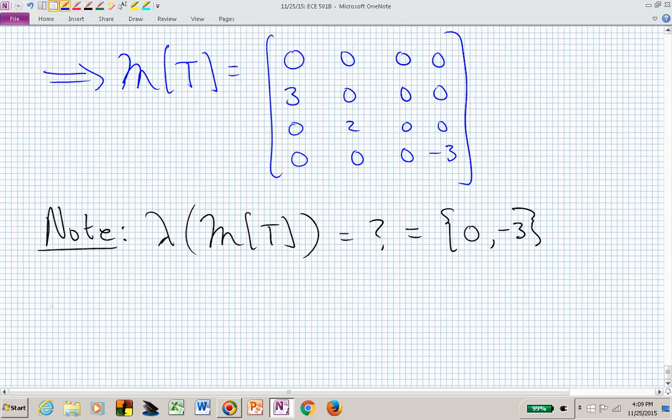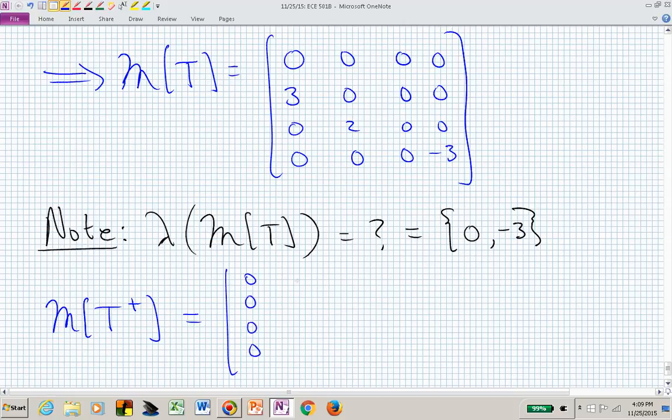What's the matrix representation of the adjoint? Well, if we're dealing with the standard basis, the basis is orthonormal, which allows us now to just take the transpose of the matrix representation of T. The first row now becomes the first column.